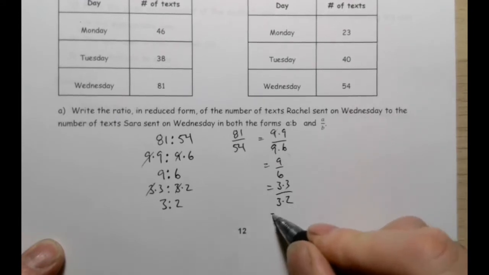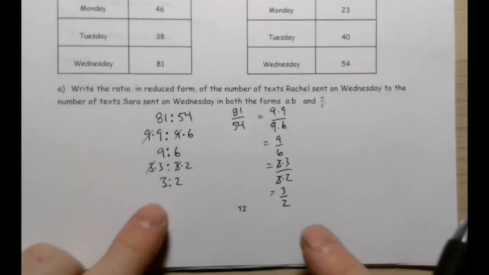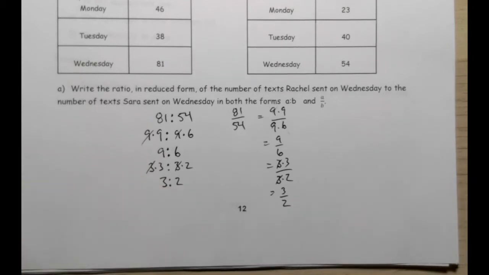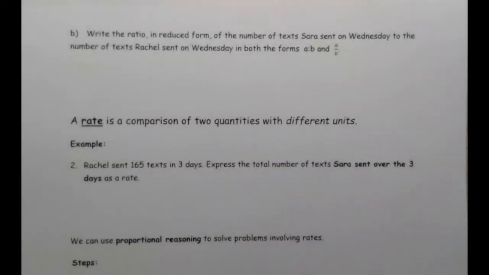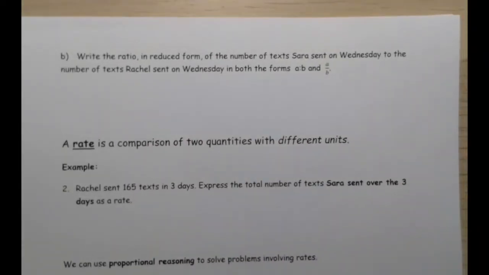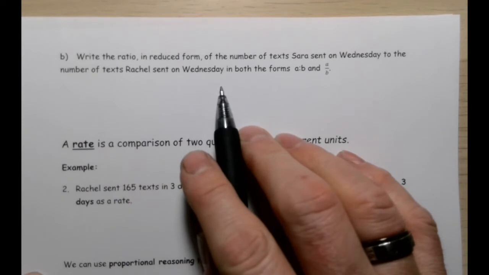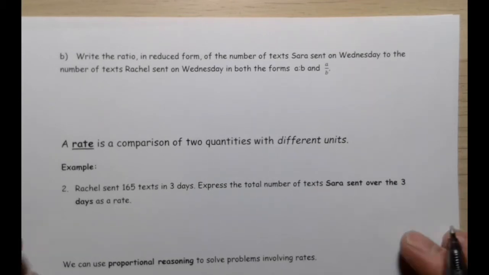Now, the next question says we're going to write the ratio in reduced form of the number of texts Sarah sent to the number of texts that Rachel sent on Wednesday, in both forms. Now, this question looks really similar. In fact, when I first read through those two, I had to read it again to make sure I understood what was going on, because there is a difference to what we just saw. In the previous case, Rachel was the first one, and we were comparing Rachel to Sarah. Now we're taking Sarah, the amount that she texted, which is 54, to Rachel's 81, or 54 over 81.